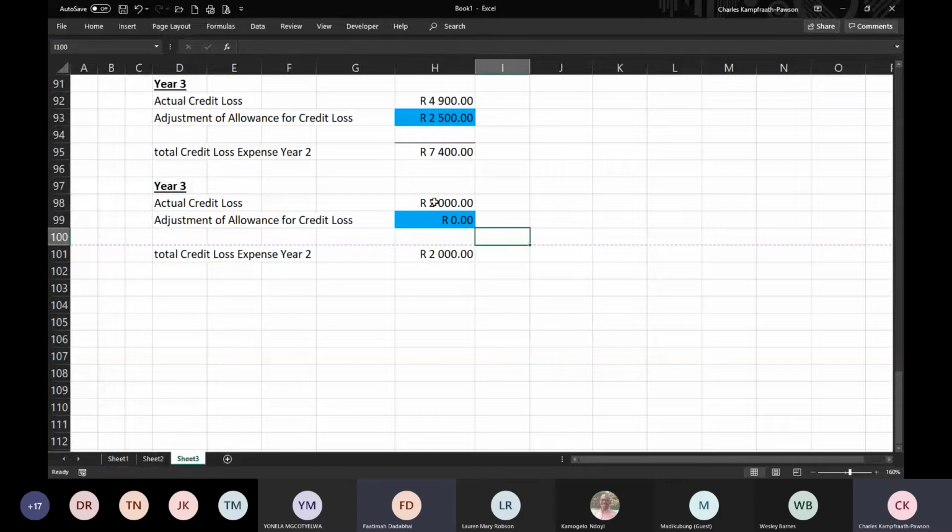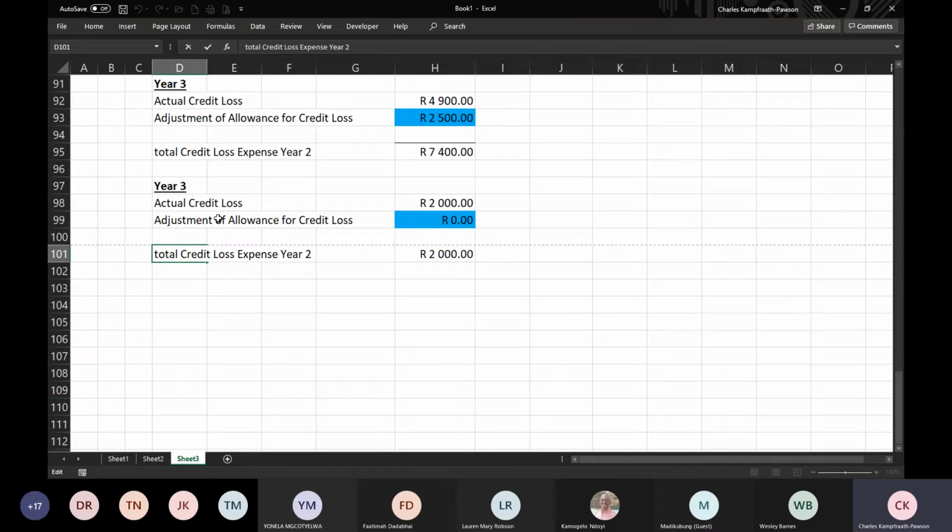No, because our allowance is 5,000. Our allowance is already 5,000. So I'm not going to provide anything. Nor am I going to deduct this because I already have 5,000 in there. There's no need for an adjustment.